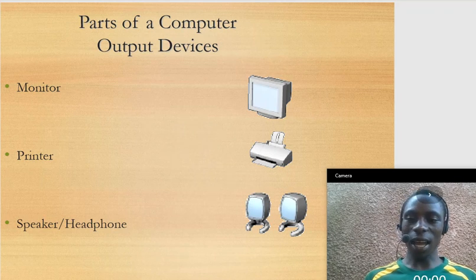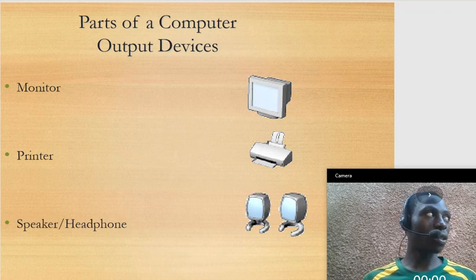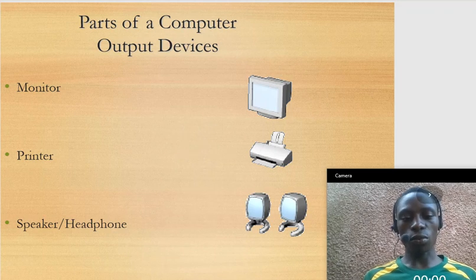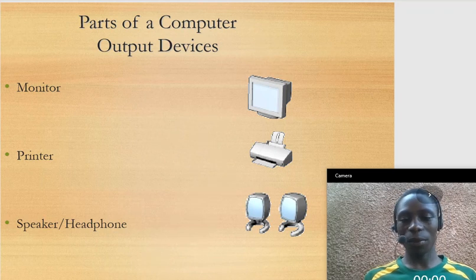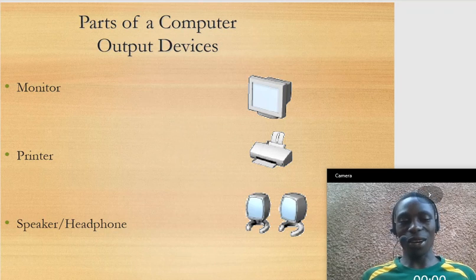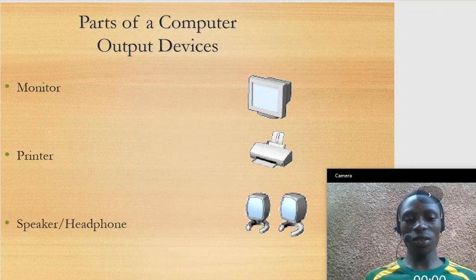With the printer, you use a computer to print out work on paper. For example, if I wanted to give out this slide, I have to use a computer to print it out. When you're using a computer, you actually need to print if you're to get an output. That is a hard copy. Speakers: you connect your computer to a speaker and start playing using the computer.